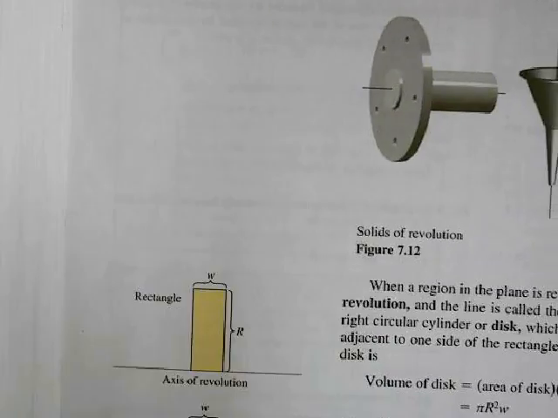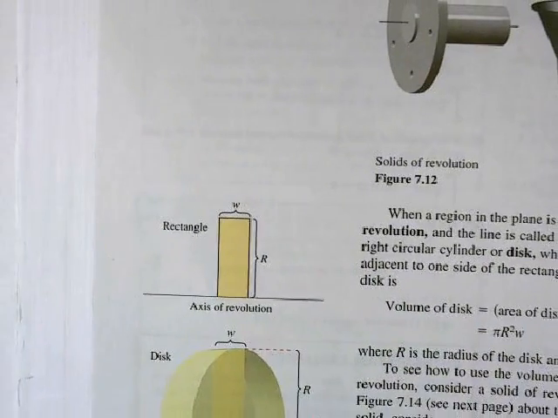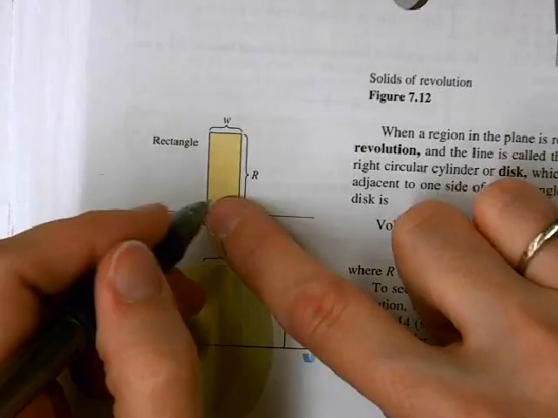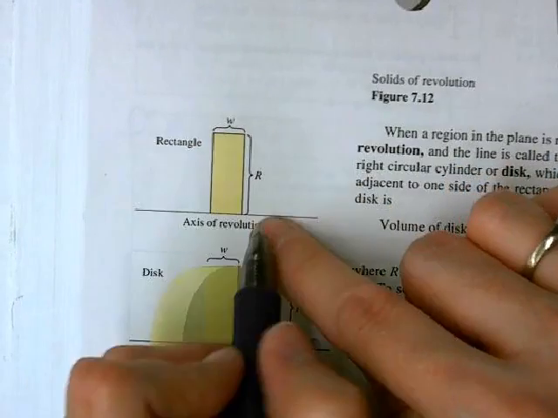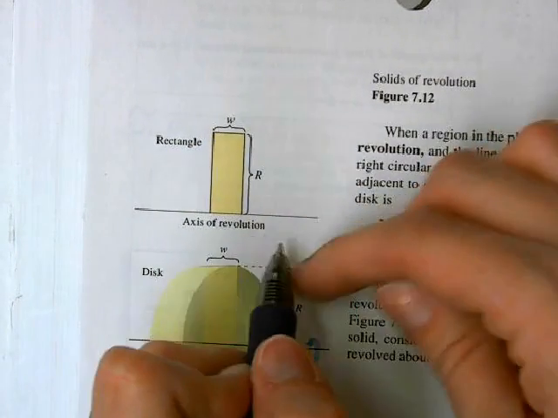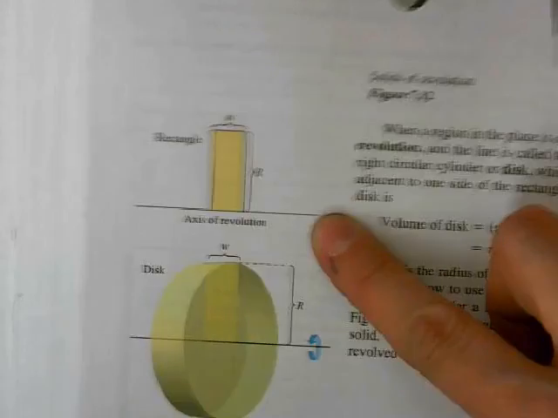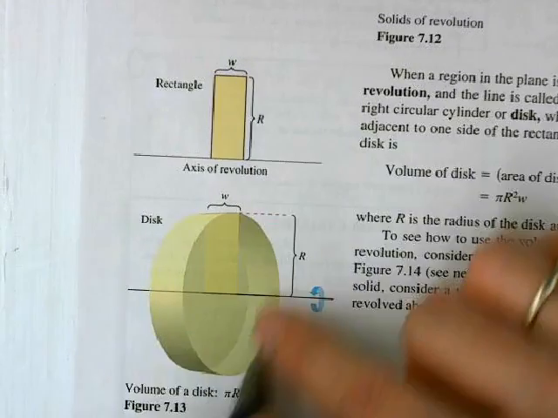So I like, again, the pictures that the book has on some of these things. They can draw it a little better than I can. So they're talking about, think about if you just had a rectangle, just a simple rectangle. If you were going to revolve that and rotate it around the x-axis, for example, then it would look like a disc.